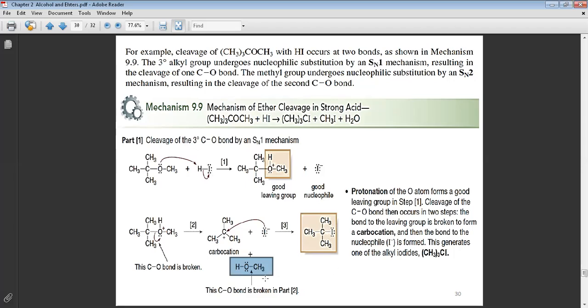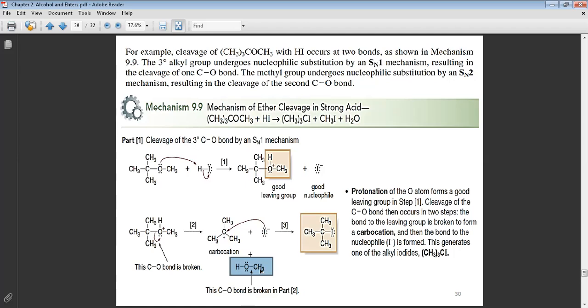an alcohol. But if you have another equivalent of HI, is it possible for this alcohol to react with another molecule of HI or not? Possible. By which mechanism, SN1 or SN2? SN2. Why? Because we have here CH3.